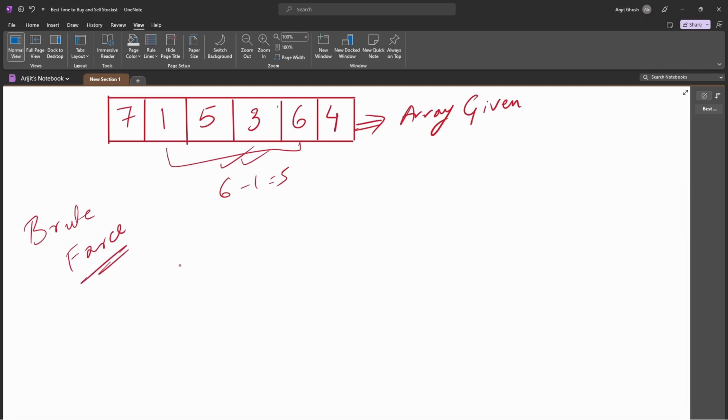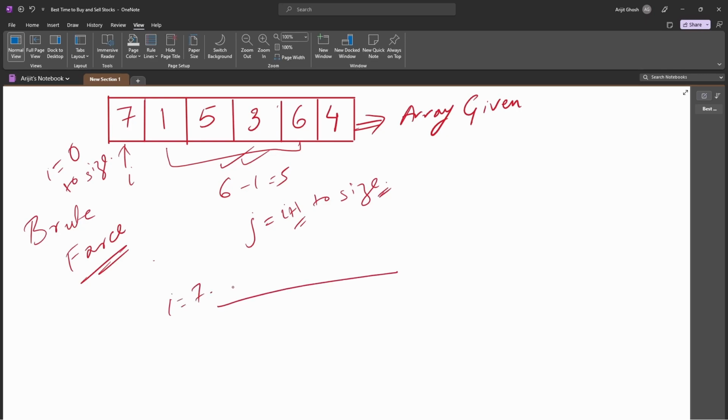What we do over here is first we take the ith element. i runs from 0 to the size of the array, and then we run a j loop from i plus 1 to the size of the array, right? Okay, now here the ith element is 7.